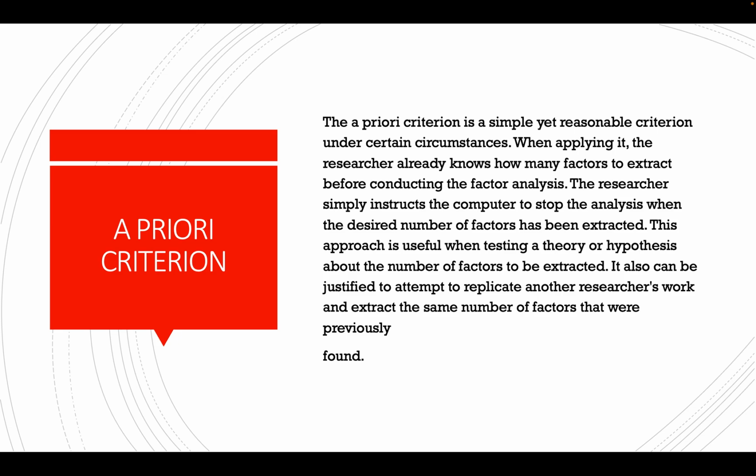The researcher simply instructs the computer to stop the analysis when the desired number of factors has been extracted. This approach is useful when testing a theory or hypothesis about the number of factors to be extracted. It also can be justified when attempting to replicate another researcher's work and extract the same number of factors that were previously found.